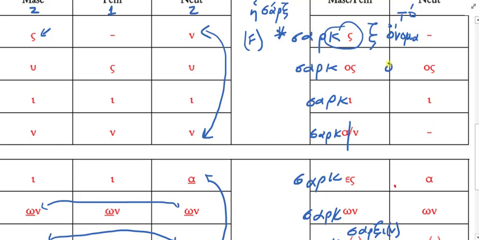But in the genitive singular, onomatos, that tau has no reason to fall out. This is why you're always given the genitive singular, so that you can drop the genitive singular case ending and know what the real stem is of that noun. Okay? So, onomatos. And then the iota is the same. So, onomati. Here's great news.